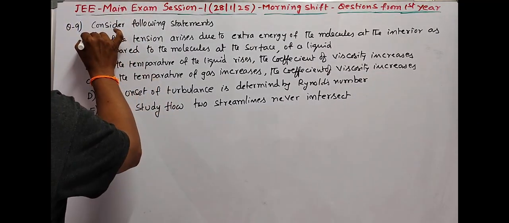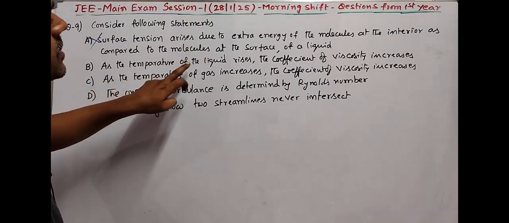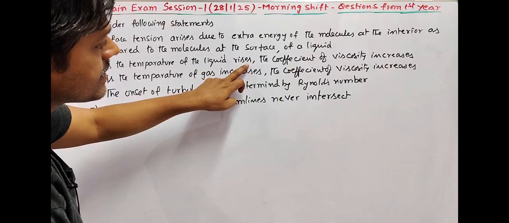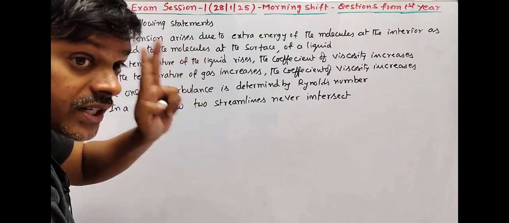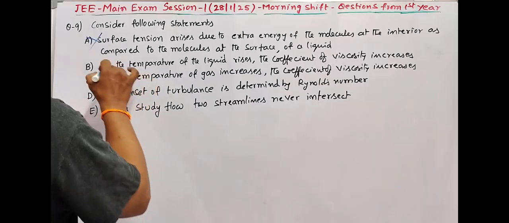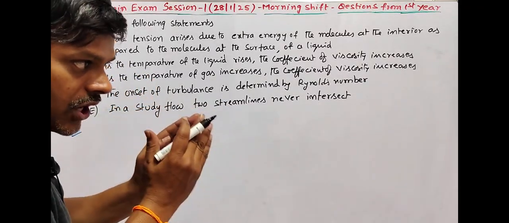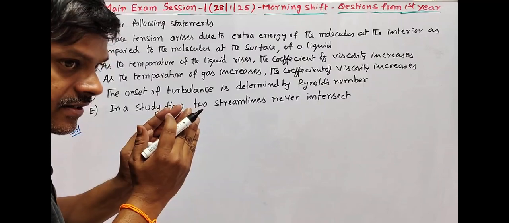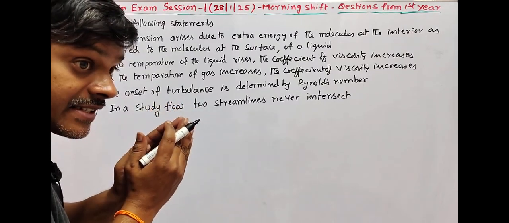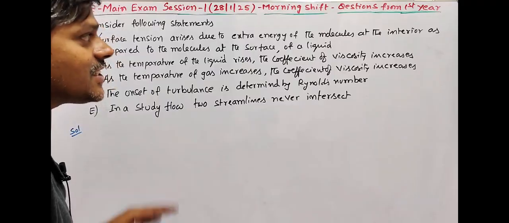So option A is not correct. Next, option B. As the temperature of the liquid rises, the coefficient of viscosity increases. It is completely opposite. It is wrong. When temperature rises, the distance between molecules increases, which decreases the viscosity of that liquid.